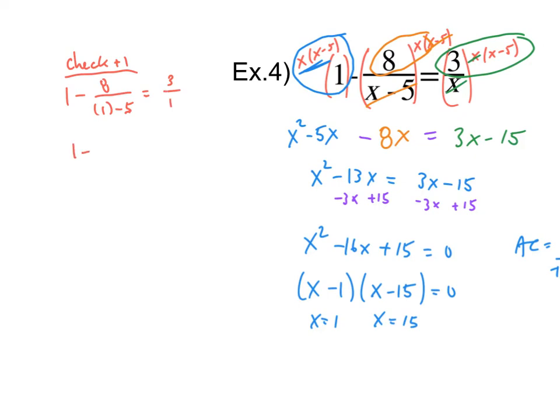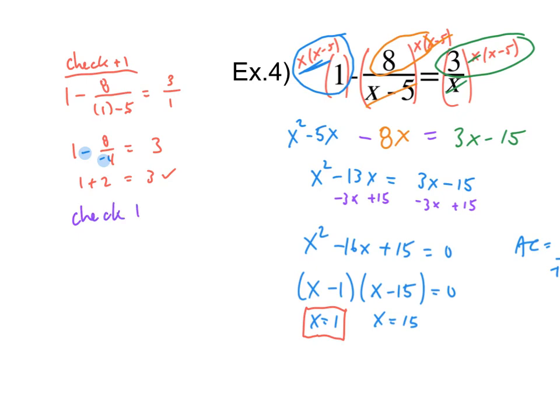So I have 1 minus the 8 over negative 4 equals 3. Here, this double negative is going to give me a positive, and then of course 8 divided by 4 is 2, so we have 1 plus 2 equals 3, which of course it does. So the 1 is all good.